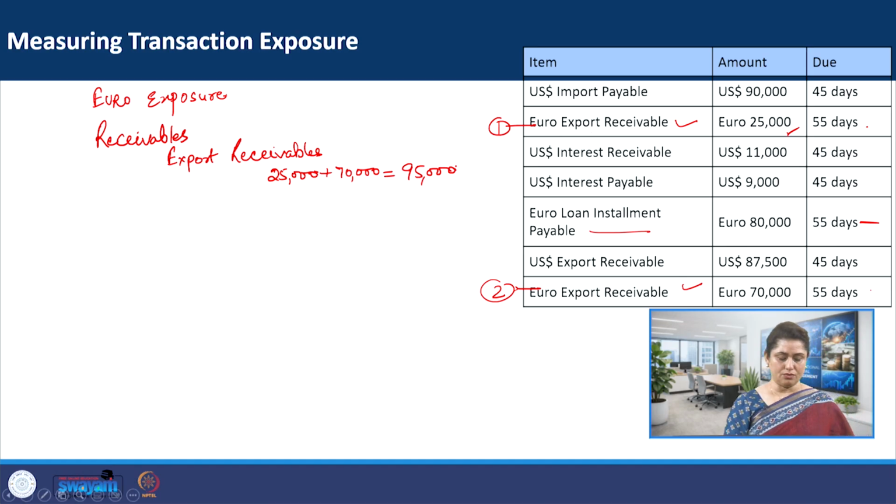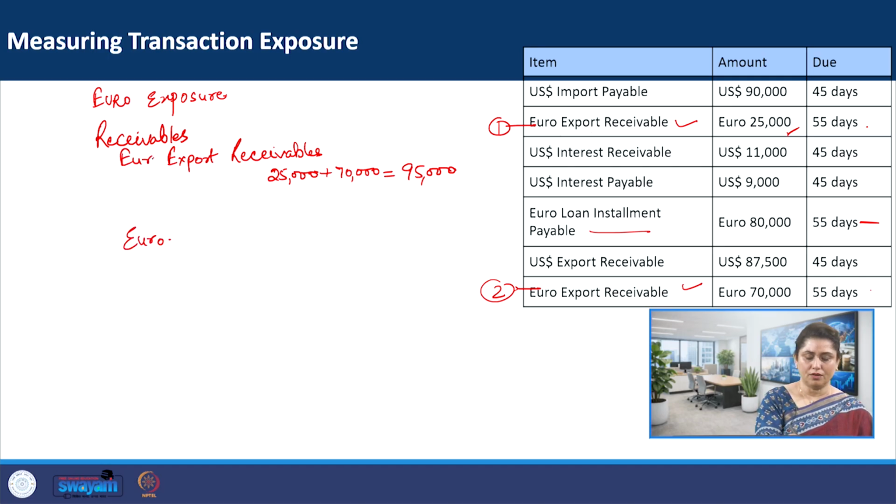And what is going to be the total euro payables? The euro payables given to us is only 80,000 euro. So what is the net exposure?